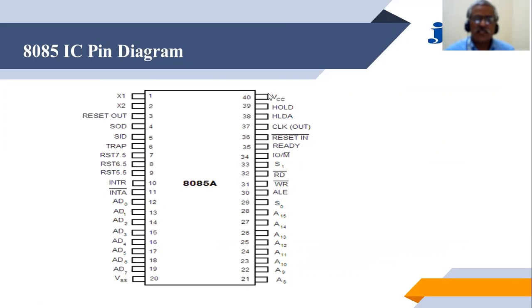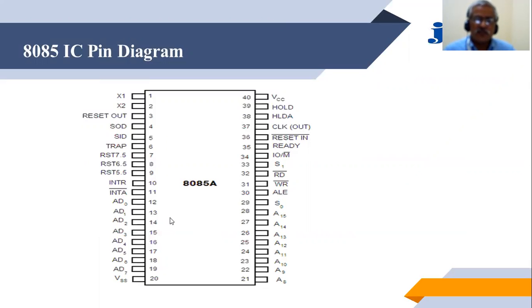Why exactly do we require demultiplexing? Internally, the designers of the 8085 have multiplexed certain pins with other pins. That means some of the pins have dual or multiple functions. This concept of a single pin having multiple functions is called multiplexing.